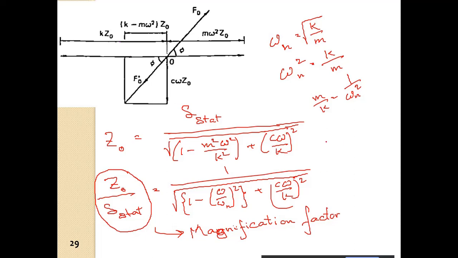And omega by omega n is called the frequency factor, or you can say frequency ratio as well. So this is frequency factor or frequency ratio, whatever you say.